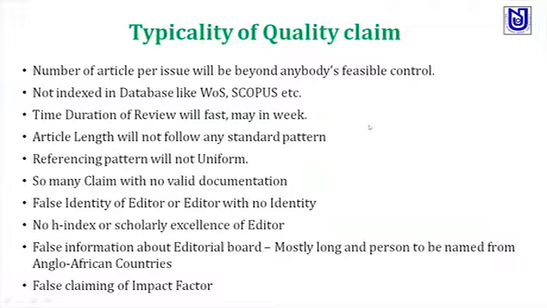In today's context, please try to understand: a journal must not include so many articles in a particular issue. It is an impossible task. It must not provide a review process so fast. It must follow certain standards in its articles. It must have an editorial board with recognition; the editors must be well known, as anybody cannot be the editor of a journal.